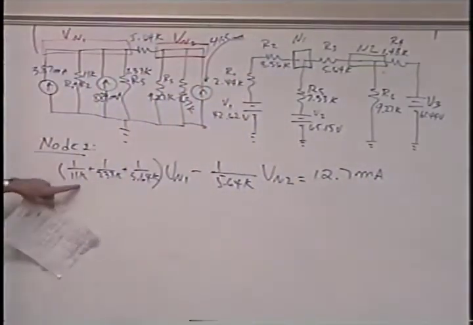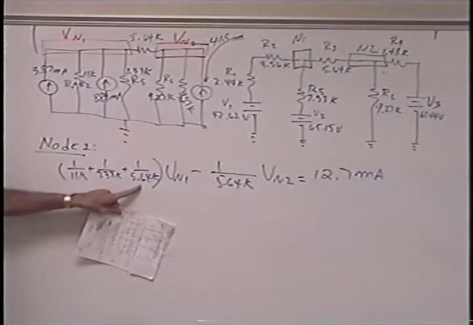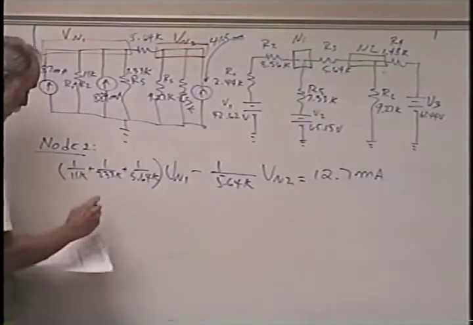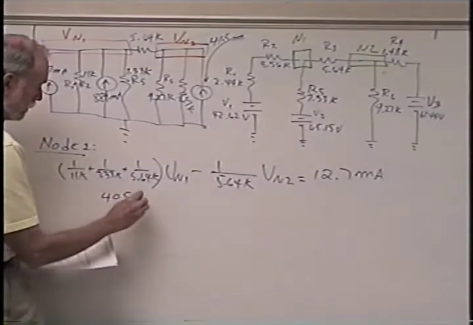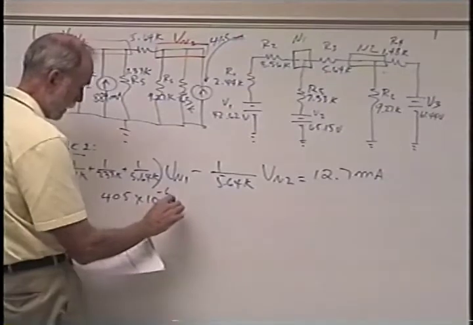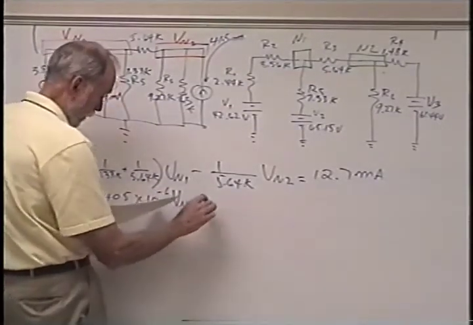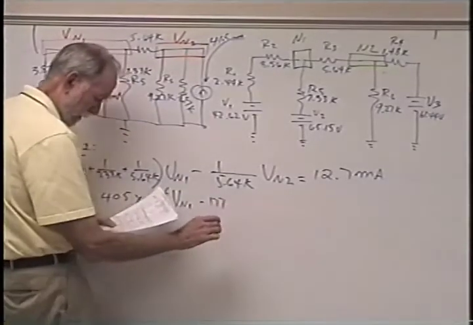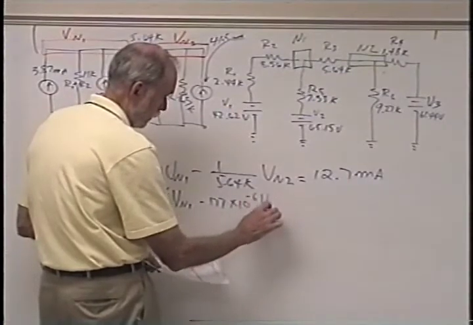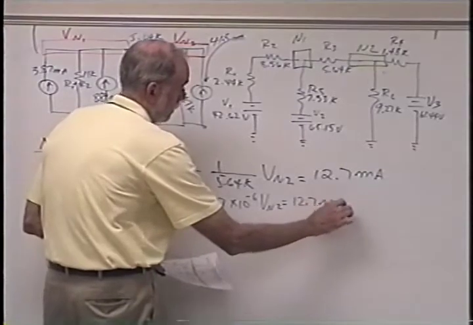Now, if I do this arithmetic here, go ahead and sum the conductances and take the reciprocal, I get 405 times 10 to the negative 6 times the voltage at node 1, minus 177 times 10 to the minus 6 times the voltage at node 2, equals 12.7 milliamps.